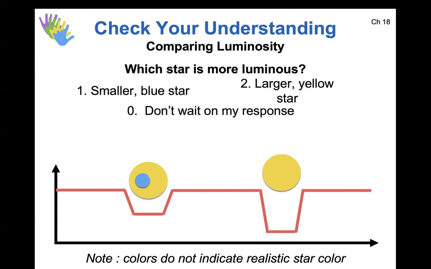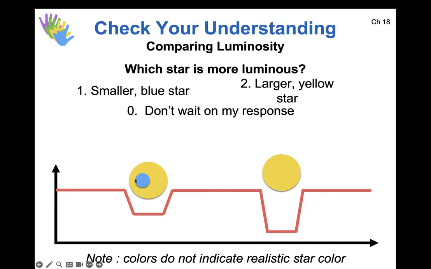Which star is more luminous, the small blue star or the larger yellow star? The colors do not indicate realistic star color. Instead, the change in luminosity is just based off of what we know from the graph. When the blue star is completely hidden, there is this big drop. When some of the yellow star is covered up, there's this amount of proportional drop.